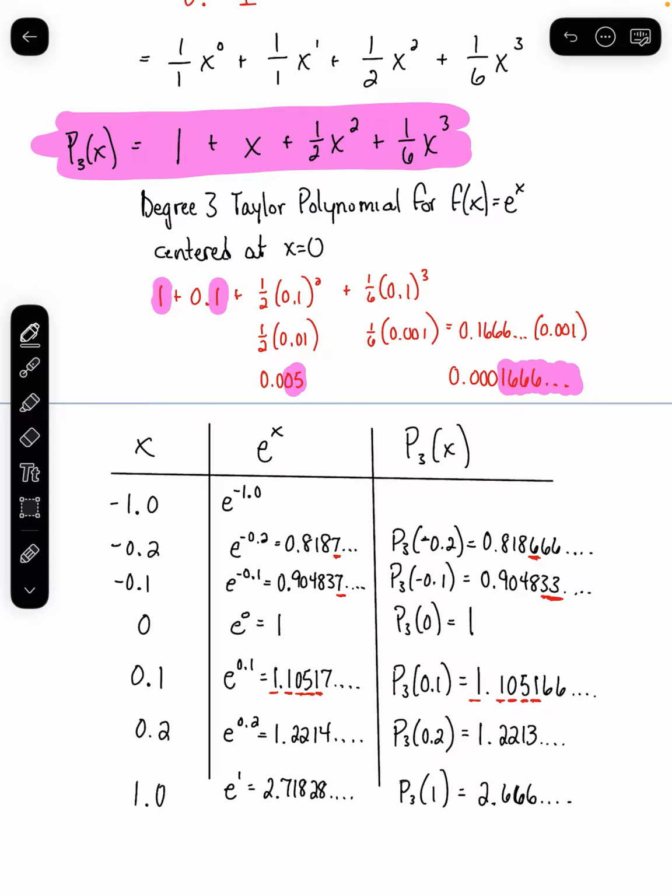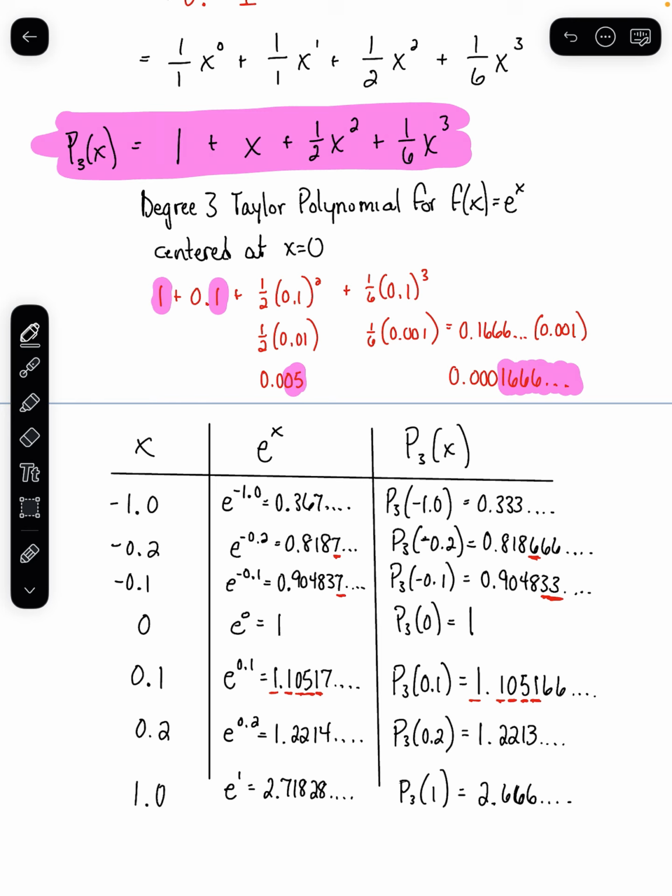If we go a full integer value, the polynomial is going to give us 0.333 repeating. E to the negative 1 is going to give us 0.367.